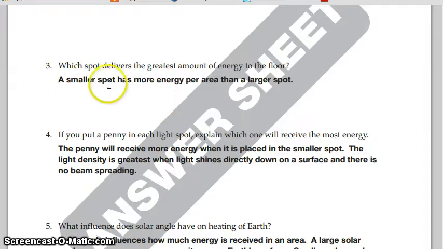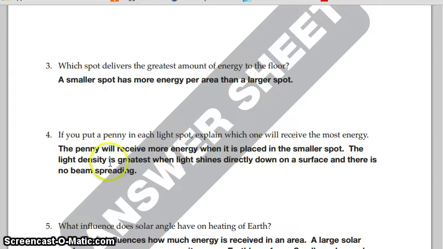Now, remember that the smaller spot will have more energy per inch or per area, but that really applies more to question 4 here. If you put the penny in each spotlight, which we did do, which one will receive the most energy? The penny will receive more energy placed in the smaller spot.